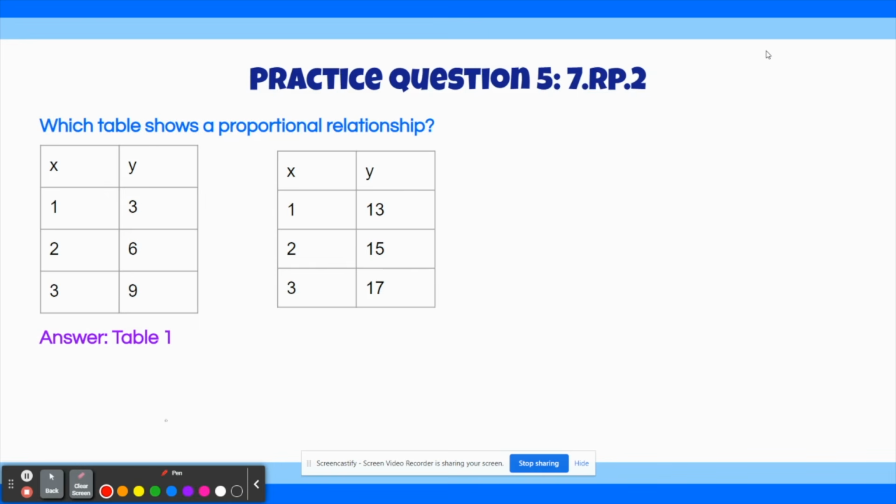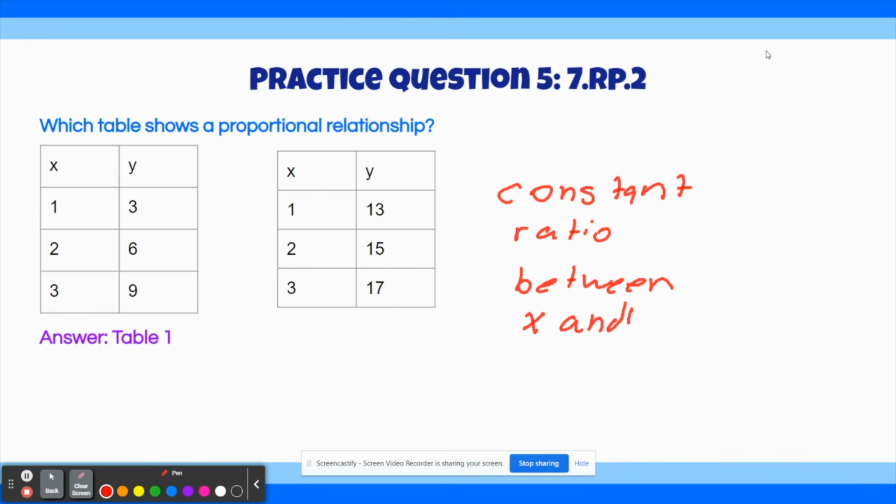So first we need to know what a proportional relationship is. It means there's a constant ratio between x and y. So we need to see which of these tables shows a constant ratio between x and y.